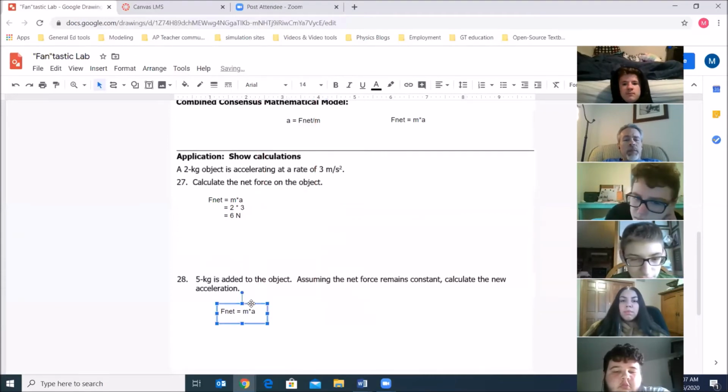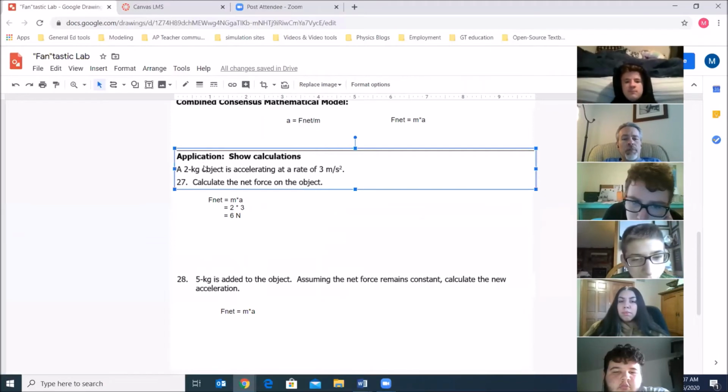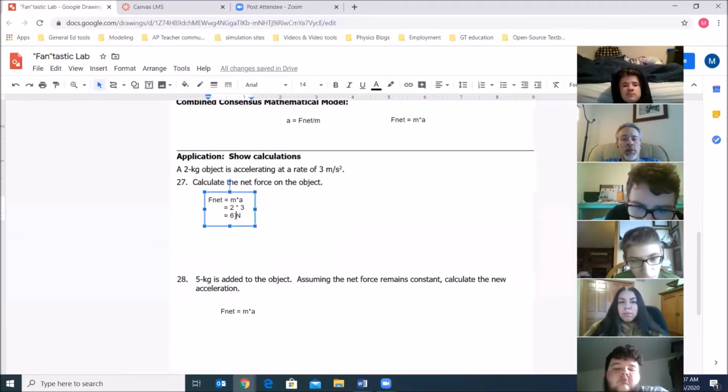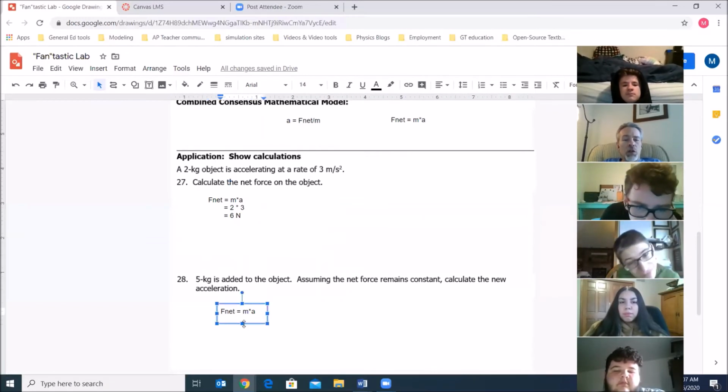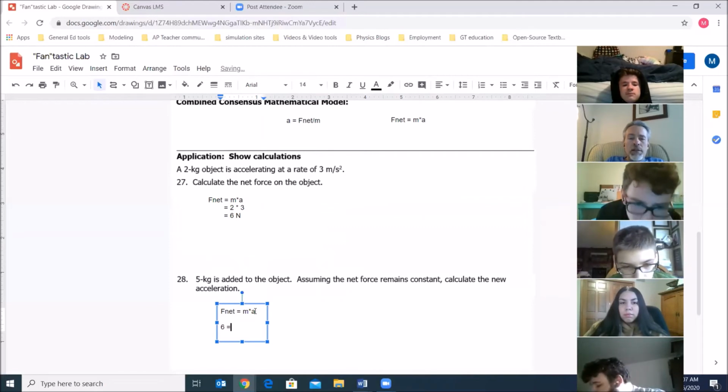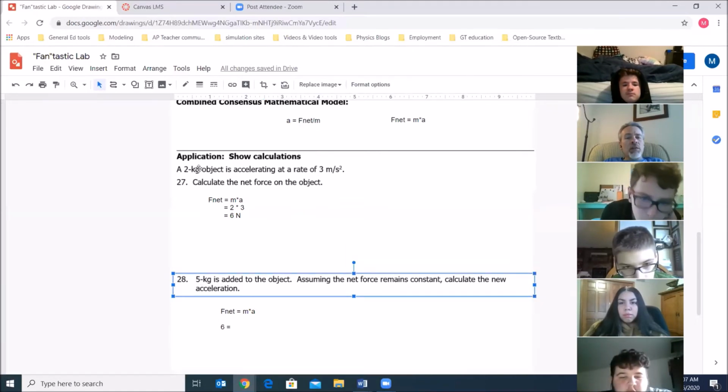Number 28. 5 kilograms is added to this object up here. Assume that the net force is the same. So we just found the net force is 6. Calculate the new acceleration. All right, so we're going to start off with F net equals MA. We just found the net force was 6, and that's equal to MA. Well, the mass is not just going to be 5, it's going to be 5 plus the 2.